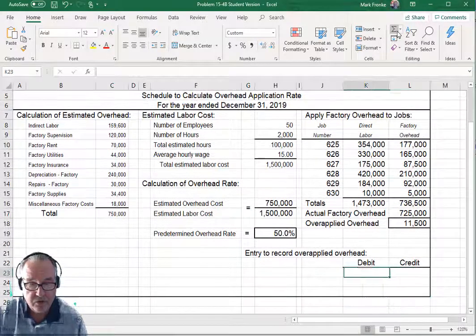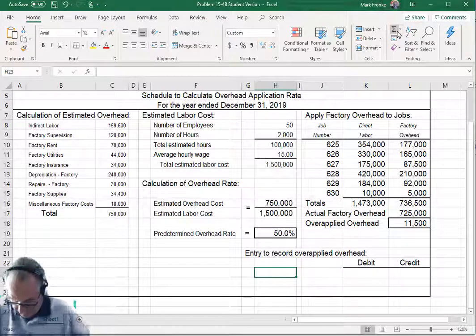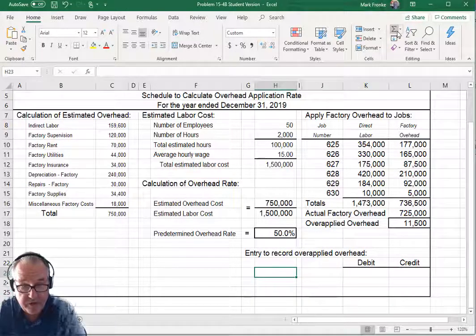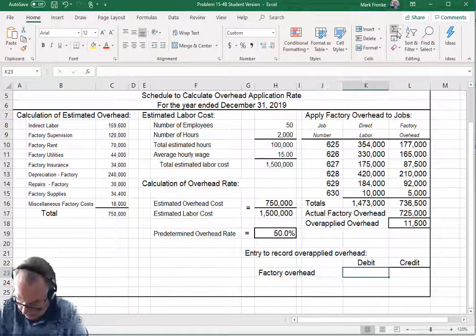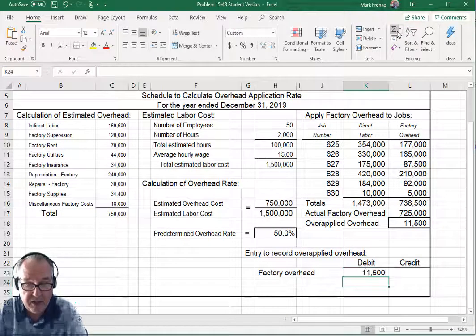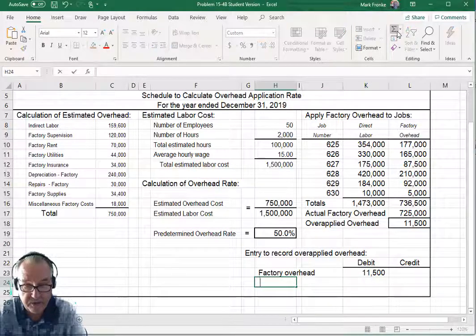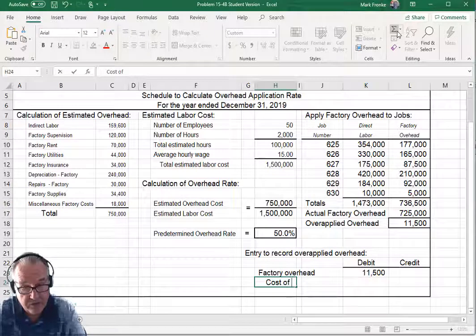So we're going to make a journal entry to debit factory overhead. And all this is going to do is balance out the factory overhead account to be 0. And we're going to put a credit to cost of goods sold.